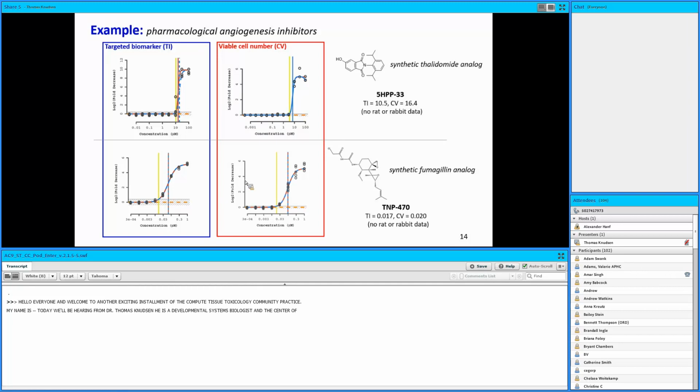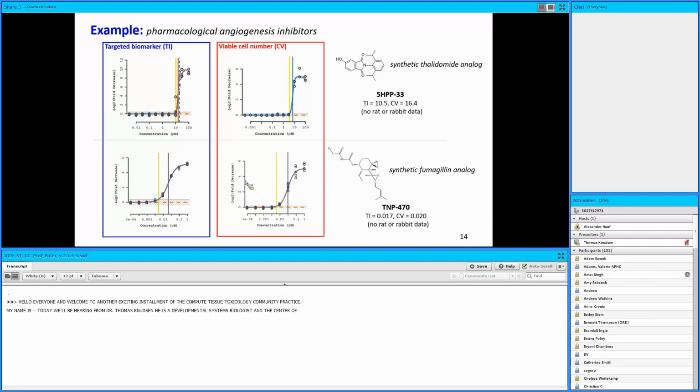And finally, here's an example of 2 clinical compounds that were under development as potential angiogenesis inhibitors for use in halting tumor growth. One is a synthetic thalidomide analog, 5-HPP33, and the other is a synthetic fumagillin analog, TNP470.